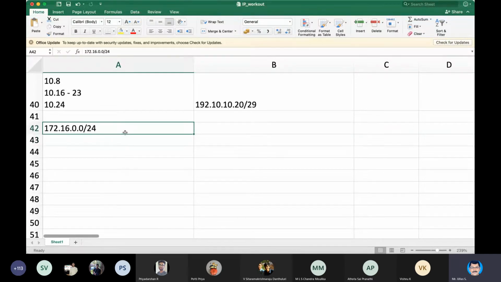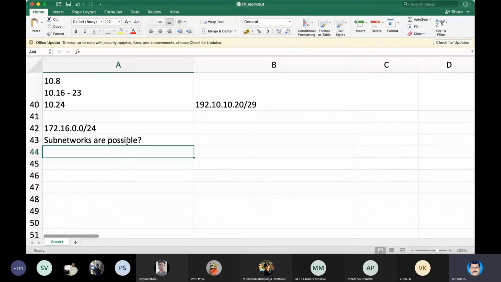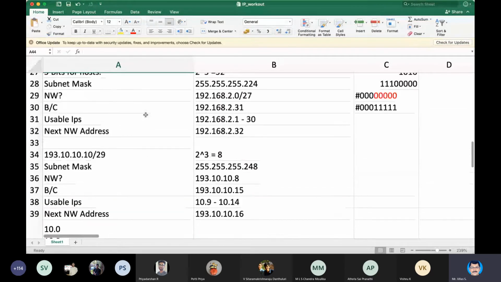So now tell me, how many subnetworks are possible in this? Before going to that, I'll just brief it.